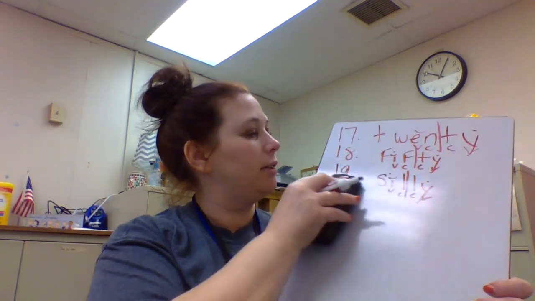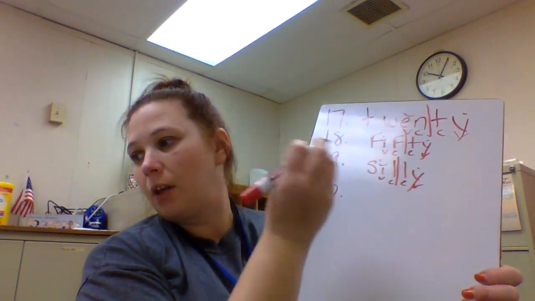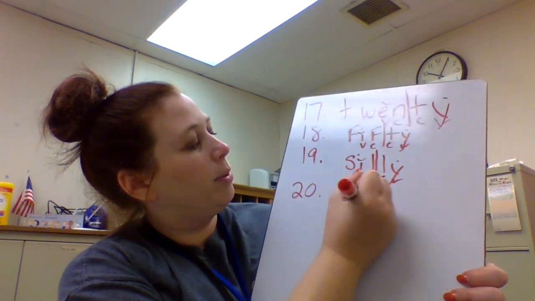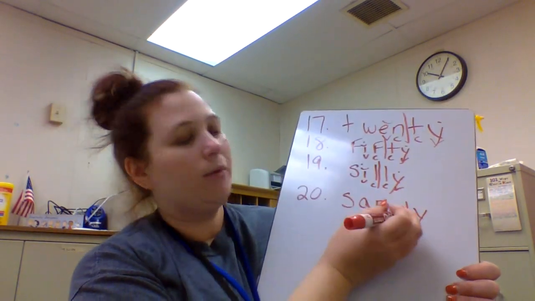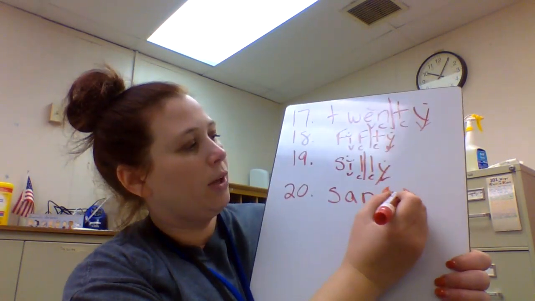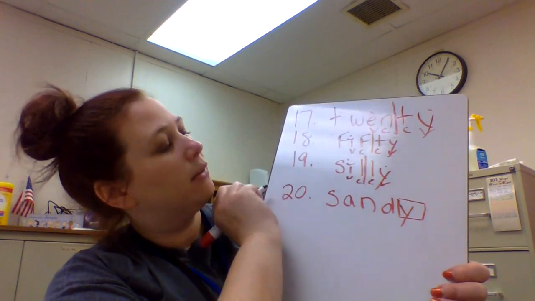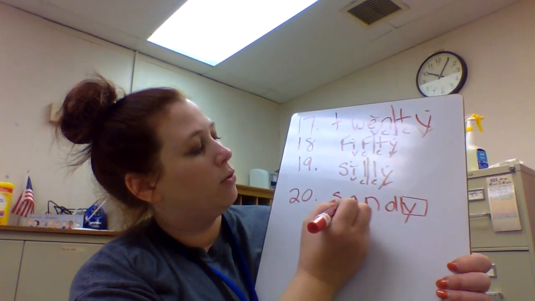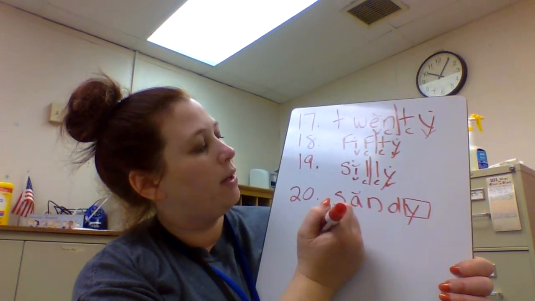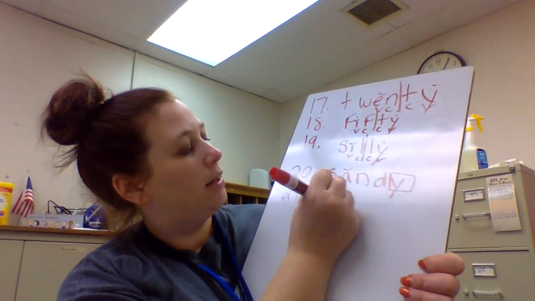Number 20. I need to move number 20 down a little bit. It's getting too close. Sandy. Remember this? We used this in our example. So here we have a root word, and so that tells us that this Y is a suffix, and it gets the square, or the box around it. And then we're just going to code vowel, consonant, and it gets a breve. 21, lumpy.